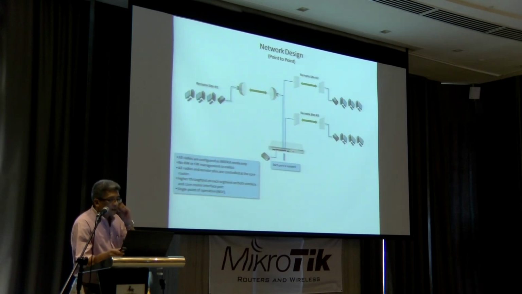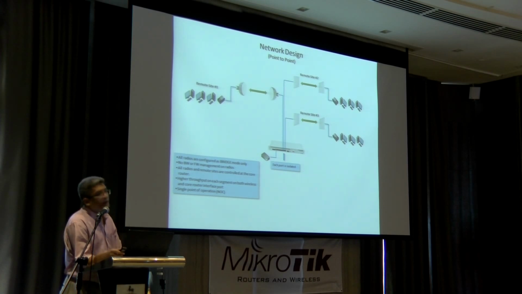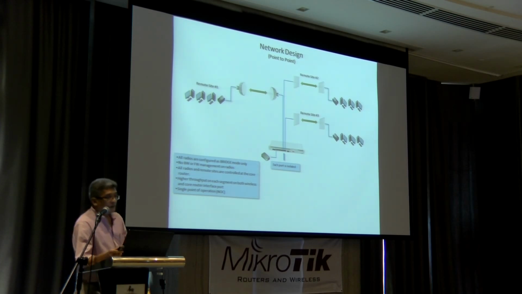Now here is the general design that I have done for a client. Remote sites 1, 2, and 3 with different radios. For remote site number 1, the distance is less than a kilometer, and I used the SXT HG5 AC model.